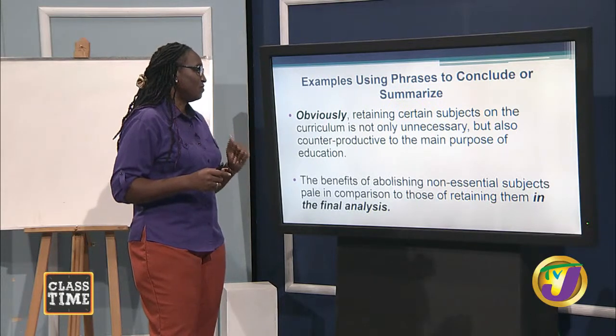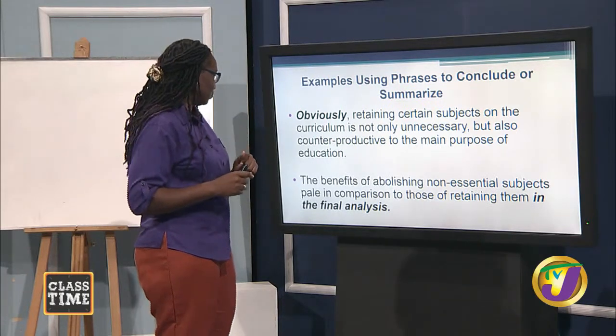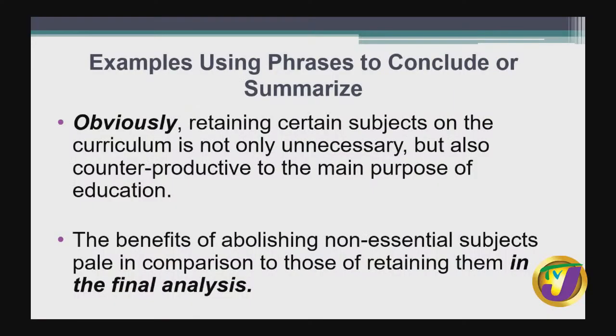The benefits of abolishing non-essential subjects pale in comparison to those of retaining them in the final analysis. So again, you're using a phrase that sums up what you have been arguing all along. And what have you been arguing all along? You have pointed out some benefits and you have pointed out some drawbacks.